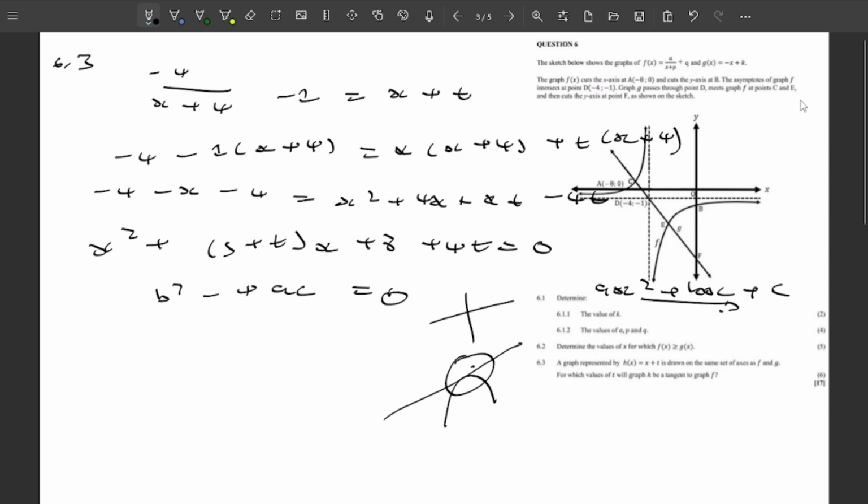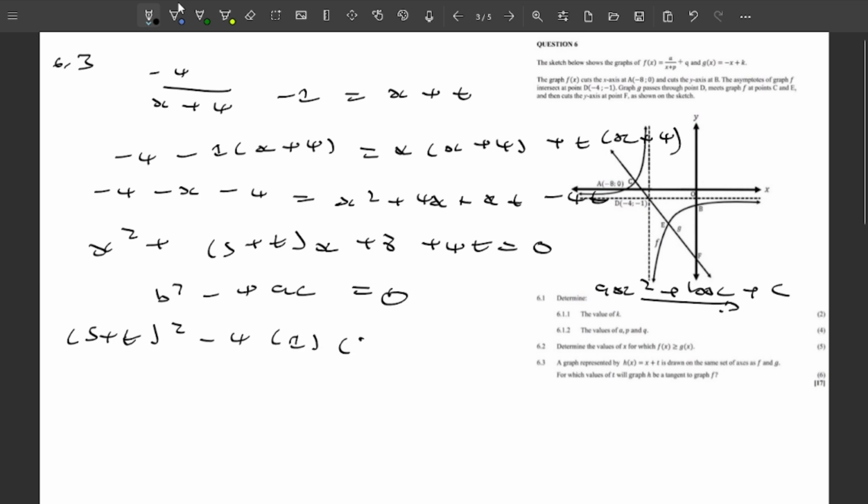From there on, let's do the answer. Right. It's going to be b, of which the b is going to be (5 + t)² minus 4a, which was 1, times (8 + 4t) is equal to 0. And we're going to have t² after simplification, that's t² + 10t + 25 − 32 − 16t, which is equal to 0.